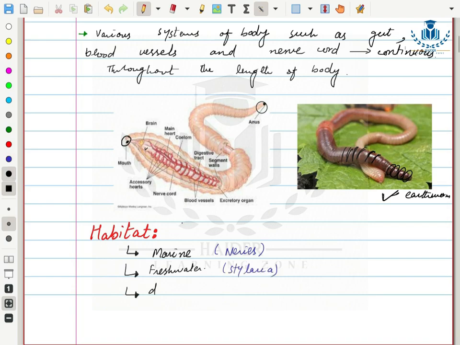Some are also found in damp soil, moist soil, such as earthworm. While some are parasitic, meaning they live inside the body of the host. And parasitic species include leech. So there are 4 different kinds of habitats: marine, freshwater, damp soil, and some are parasitic.